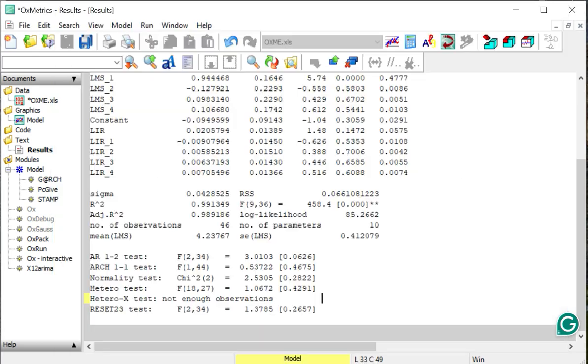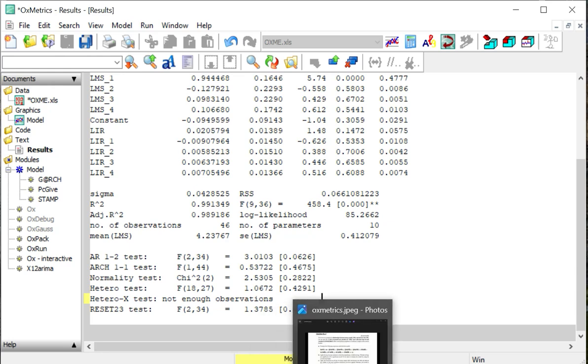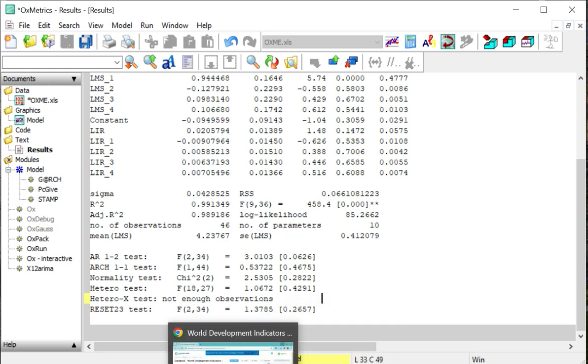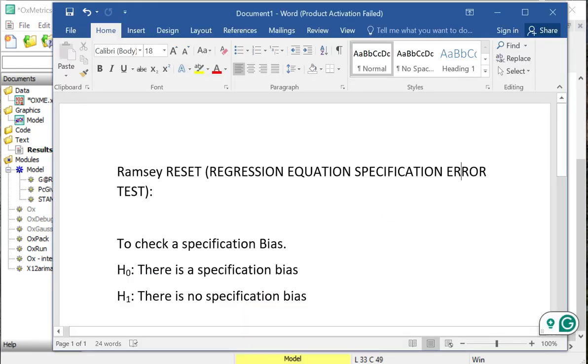In our case, the result is 0.2657. It is greater than 0.05, so we do not reject H0. When we do not reject H0, it means there is specification bias.